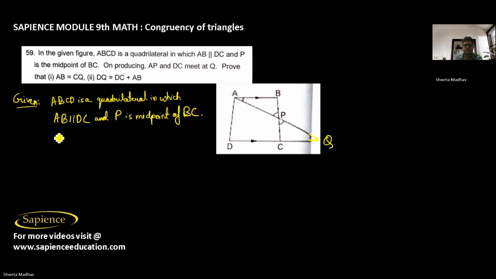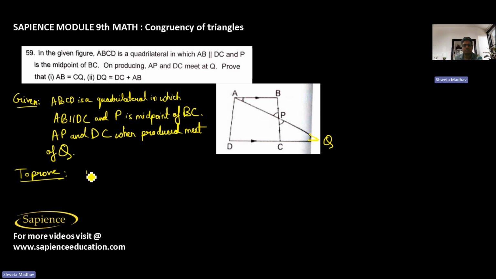Then AP and DC, when produced, meet at Q. So we have to prove that AB equals CQ.